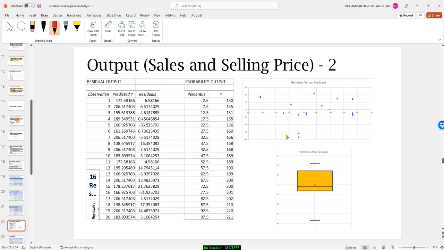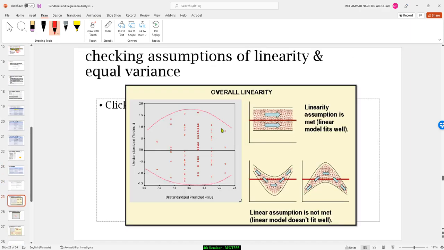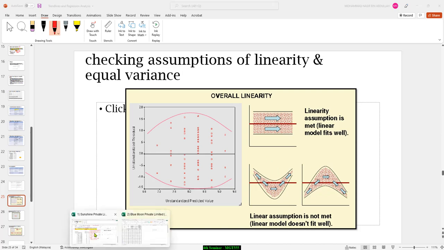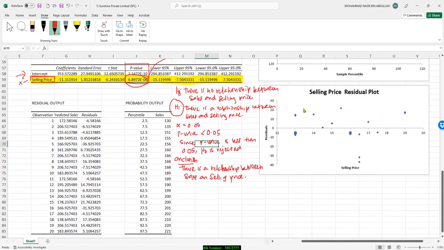Kalau kita nampak dia bentuk macam straight line ni, dia ada assumption lah. Linearity assumption is met lah. Kalau kita nampak dia bentuk macam ni, linearity assumption is not met. So kita tengok dekat sini, selling price residual plot. Kita nampak dia lebih kurang macam ni lah, kecuali ini ada outlier sikit. So the linearity assumption is met lah.